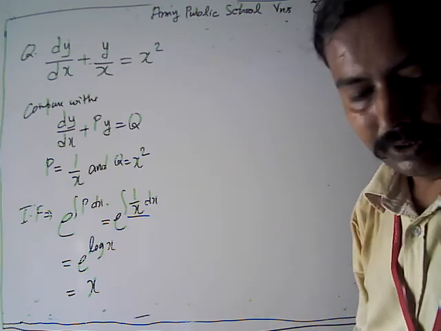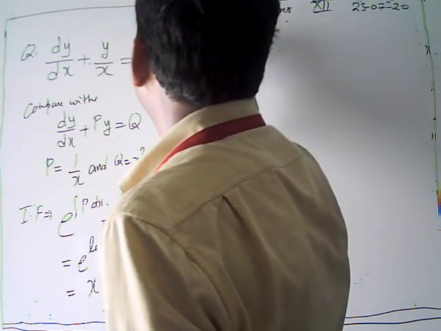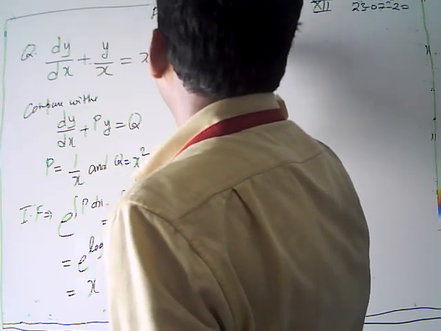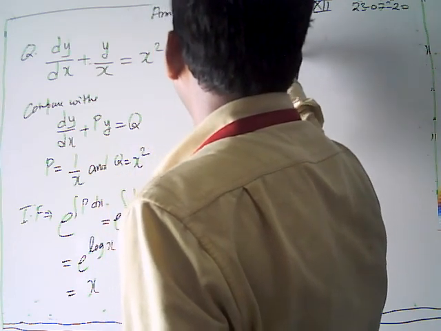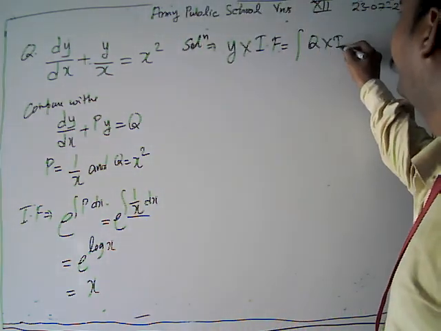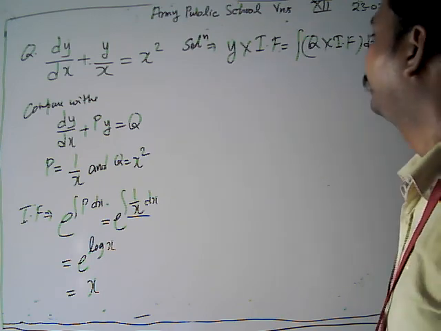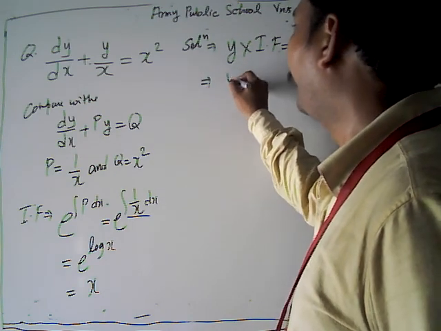Then after getting the integrating factor, what is our solution? Yes, our solution is given by y into IF is equal to integration of q into IF dx plus c. Now, what is our IF?